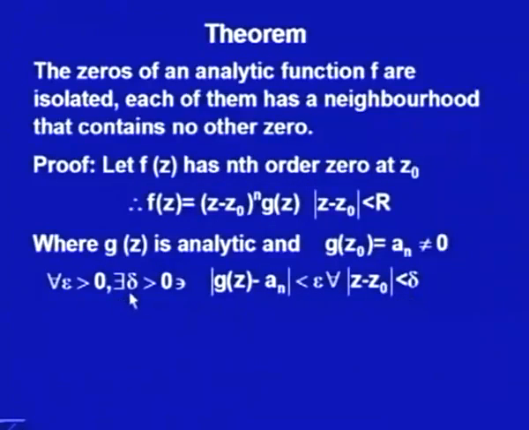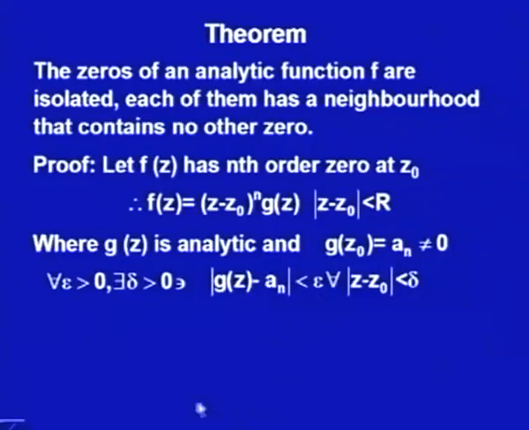So I have taken a delta neighborhood, because g is analytic everywhere. So at z naught also it is analytic. Analytic means that it is continuous at z naught. So by the definition of continuity, if I take any delta neighborhood of z naught, the difference of g(z) with g(z naught), that is a_n, would always be less than epsilon.